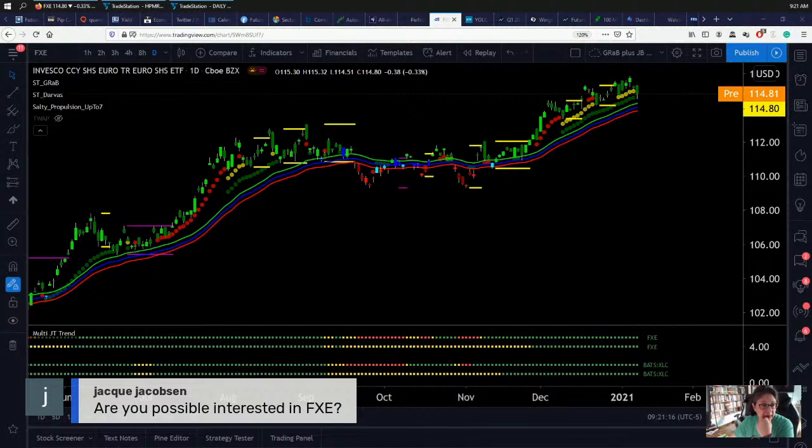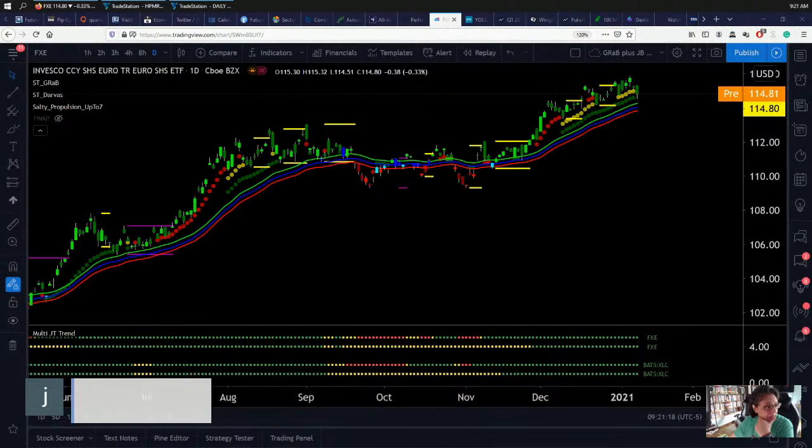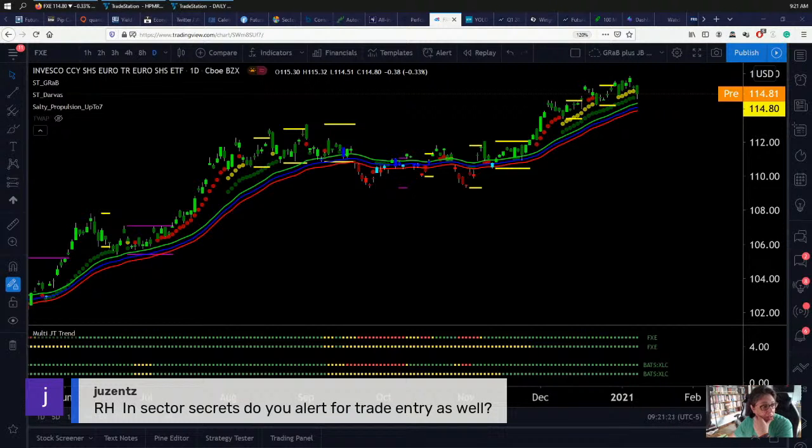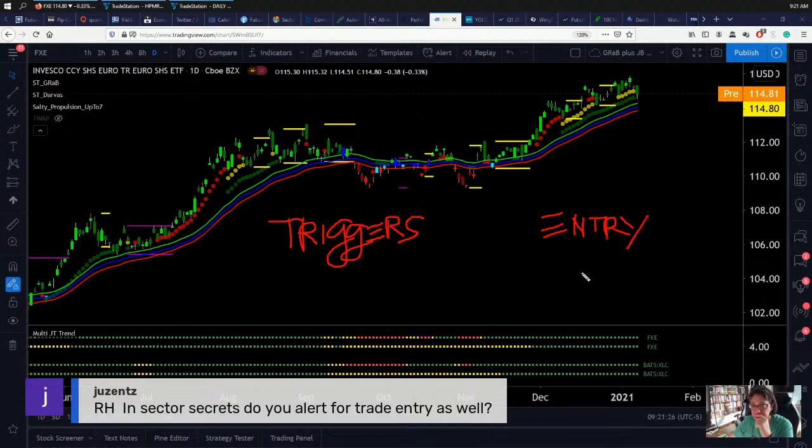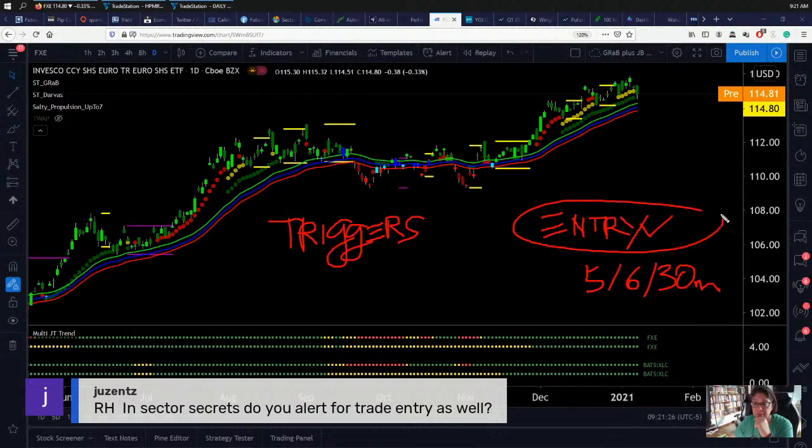Okay, so in sector secrets, do I send alerts for entries as well? I try to, but remember, since you have the levels, you have the specific triggers out there, here's how we do it. And thank you for the question. If I just tell you when I got in, and let's say you get this 5 minutes, 6 minutes, 30 minutes later, you may not get this entry if that's all I told you.